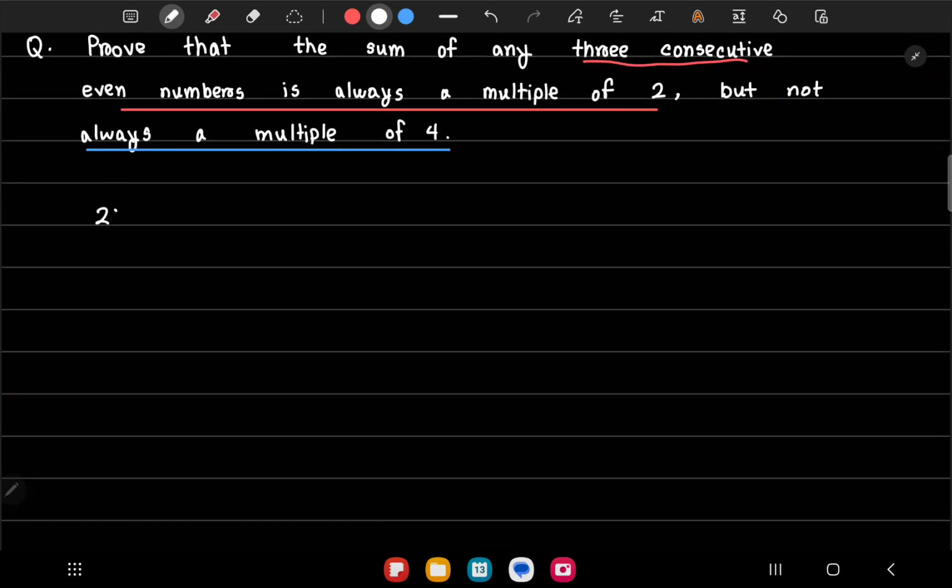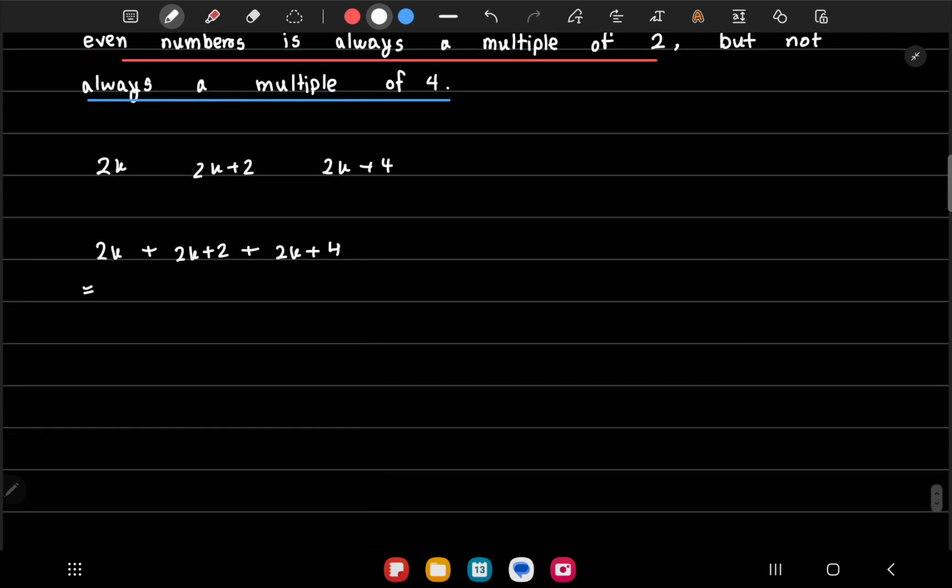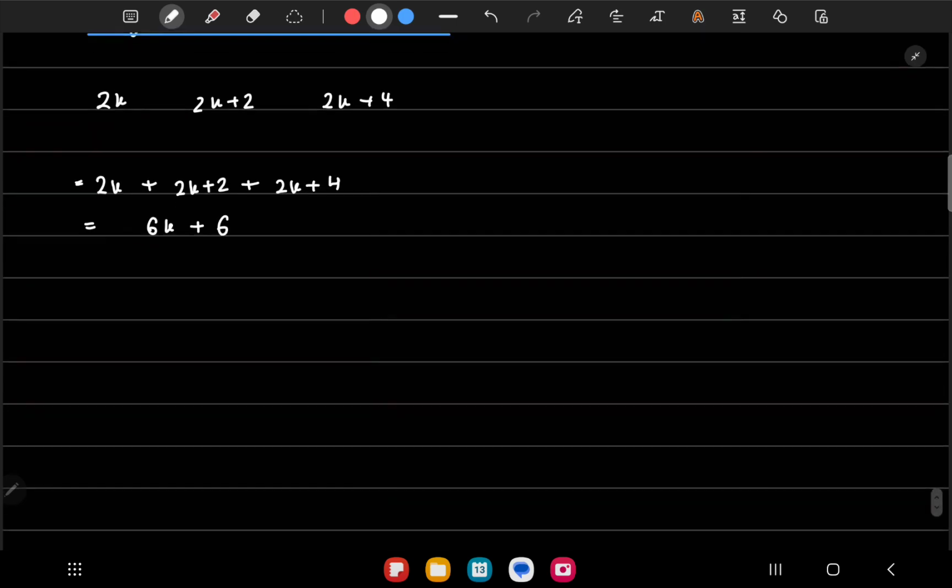So if the first even number is 2k, the next one will be 2k plus 2, and the third one will be 2k plus 4. So 2k plus 2k plus 2 plus 2k plus 4 is the sum of the 3 numbers. If I find this, it will come out to be 6k plus 6.